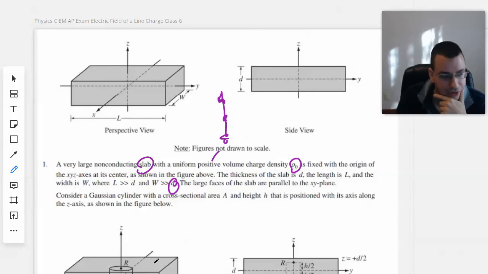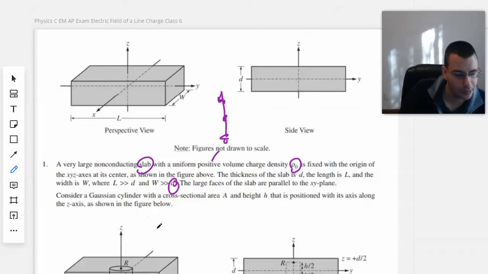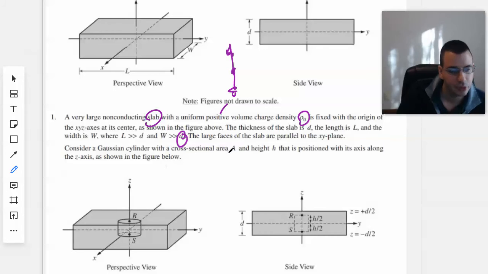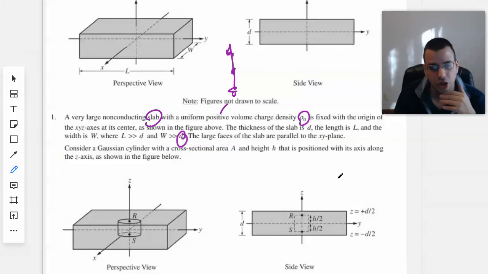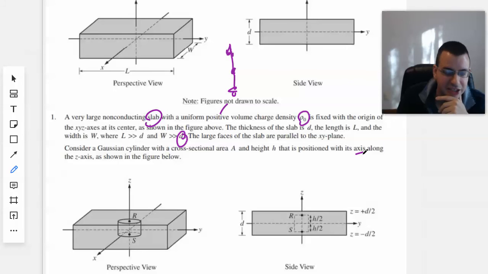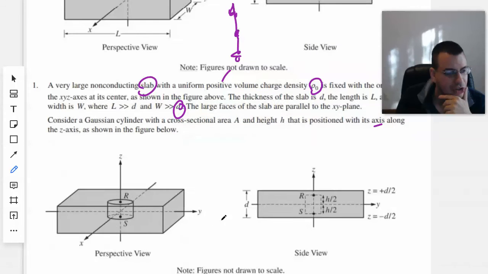That is also convenient. Consider a Gaussian cylinder with cross-sectional area A and height h that is positioned with its axis along the z-axis as shown in the figure below.